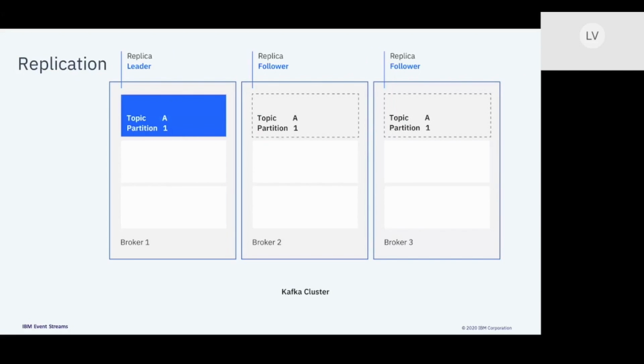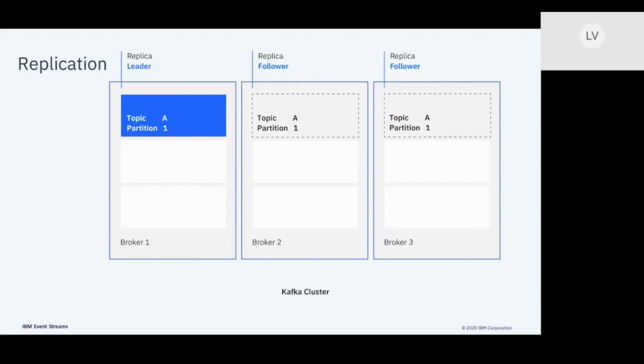The replica is a synchronous copy of partition 1. As we're using 3 different brokers, we have 3, and we decided to have 3 replicas. That means that you have 1 leader for partition 1, topic A, and 2 followers.